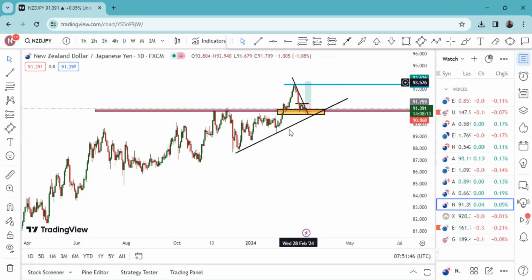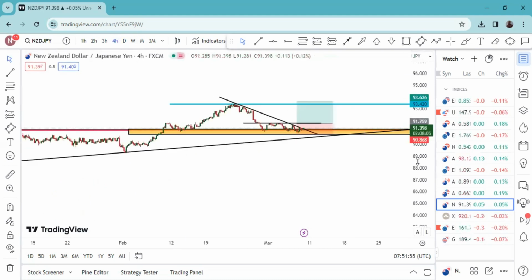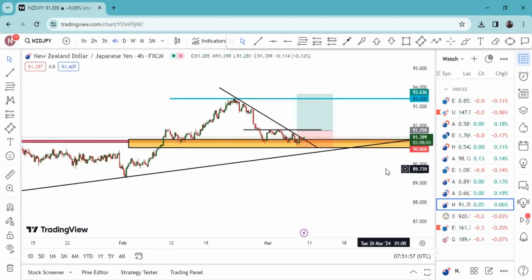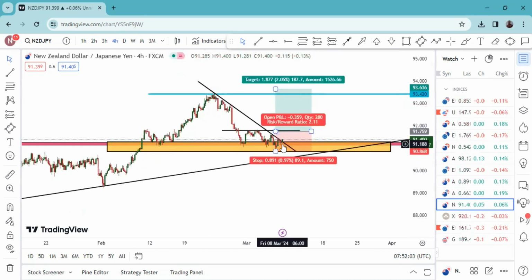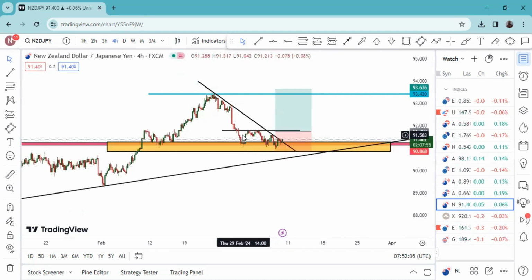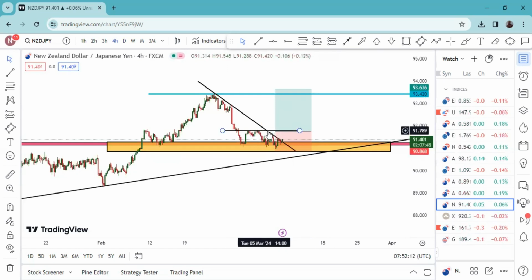On my Fibonacci level, the market showed me this is the very important 50 to 60% Fibonacci level. So on my lower time frame, this is what I'm expecting. I think it's already breaking the trend line, but I'm waiting for it to break this level here, this neckline.